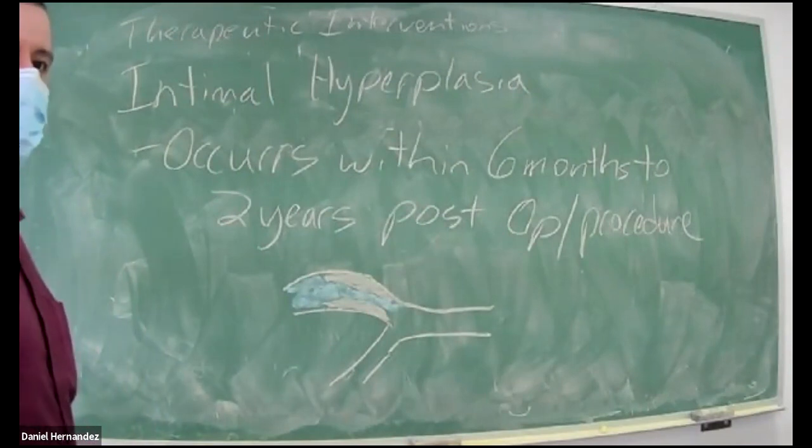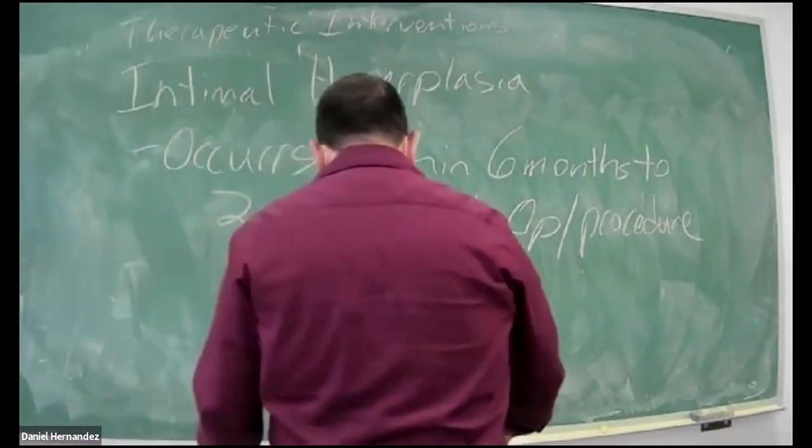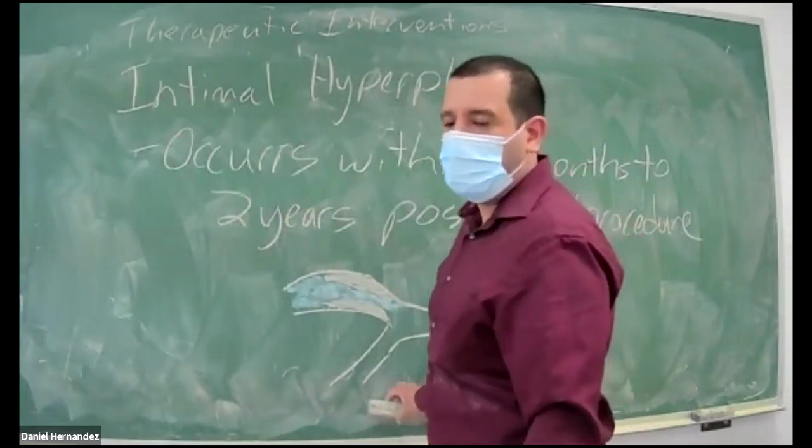So another option, if the surgeon doesn't decide to do an endarterectomy, would be a carotid stent.